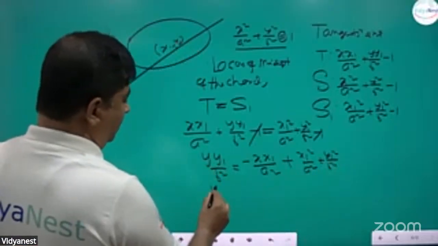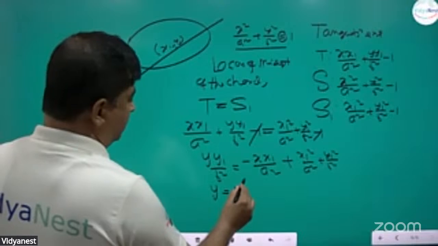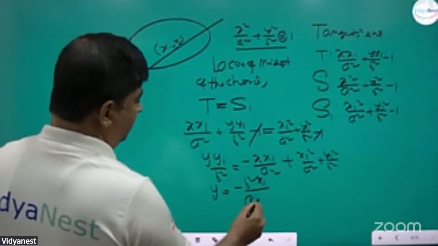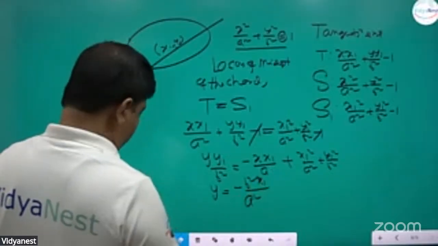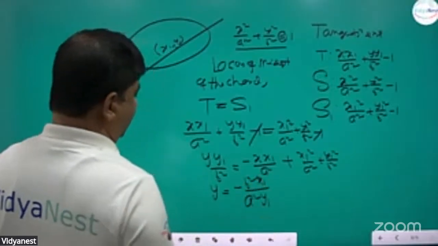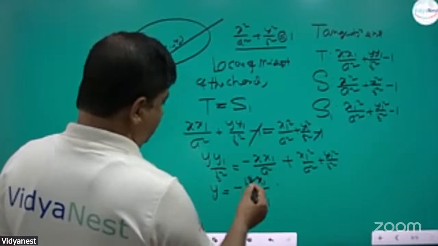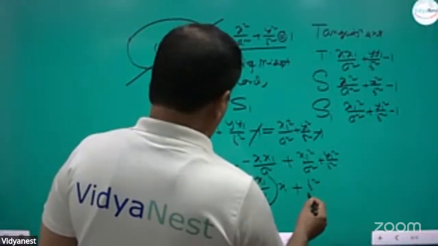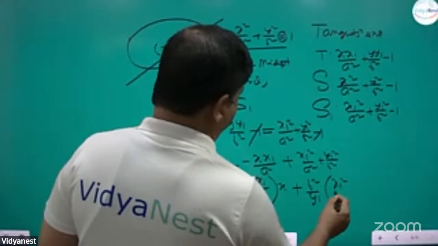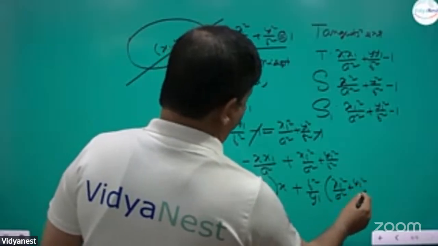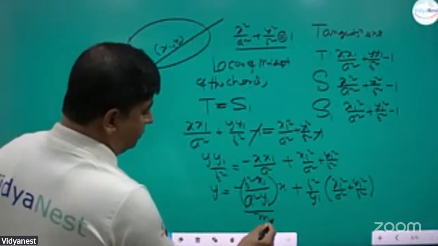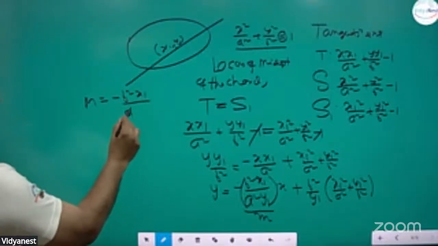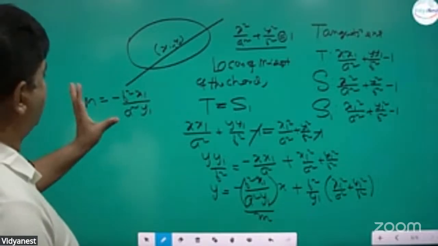So what is y? y is equal to minus b square x1 by a square y1 into x plus something, so that is the slope m. Okay, that is the slope m.